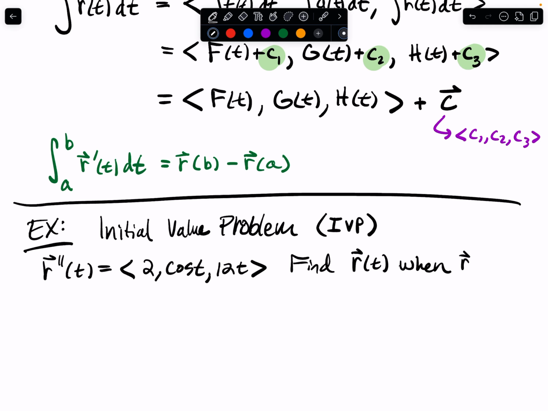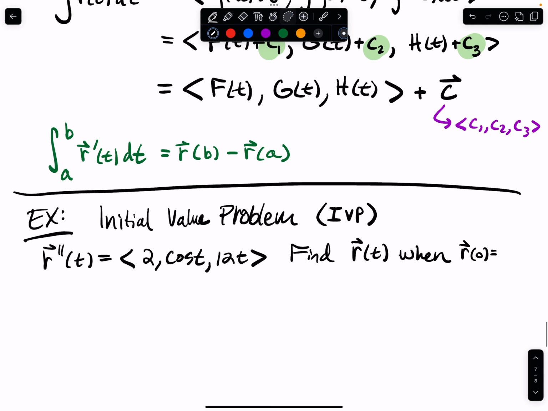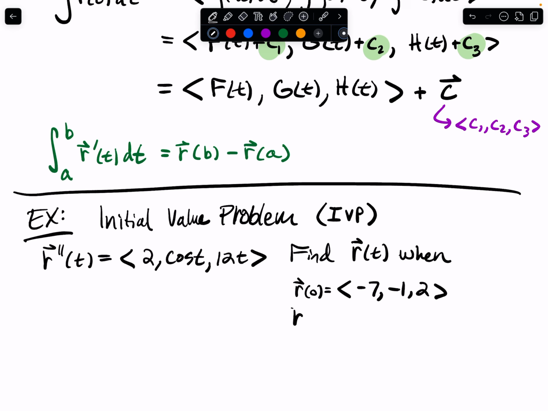When r of 0 is equal to, what do we want r of 0 to be? We want r of 0 to be -7, -1, 2. So that's an initial condition. And r prime of 0, we want that to be 5, 3, 0. Okay? So we're looking for r of t, and they tell us r double prime.